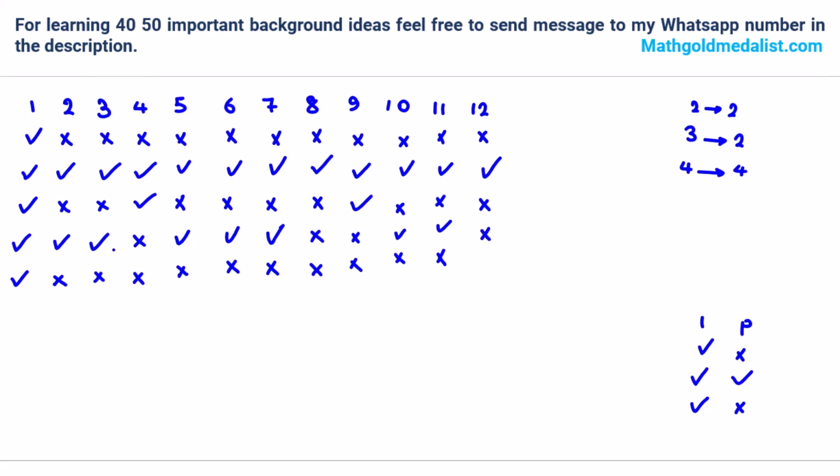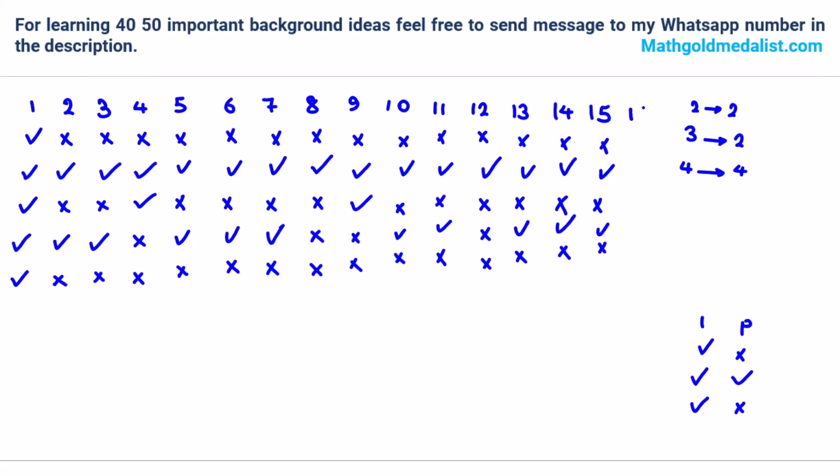What about next one? 6 cross. Exactly. So for 12 is still cross. For 13 again is similar to 2, right? 14 is similar to what? 6, right? 15 again similar to 6, right?